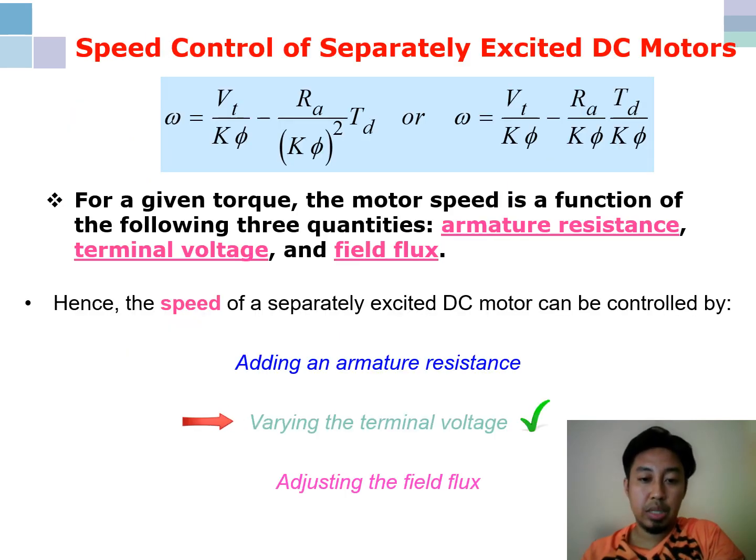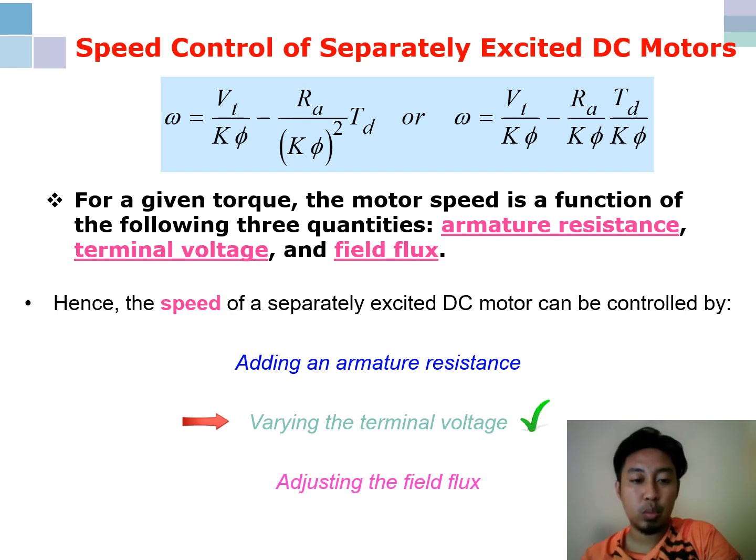Based on the first equation here, if you still remember, this is the equation of the speed, which is equal to Vt over Kv minus Ra over Kv squared times Td.